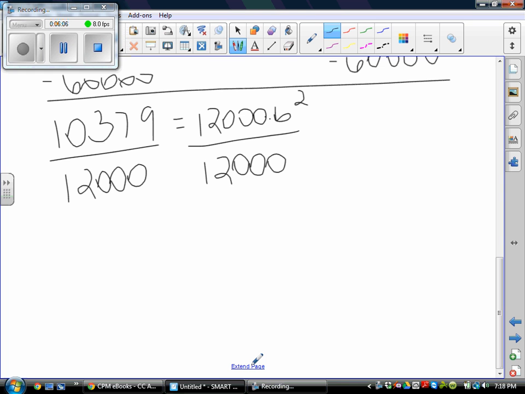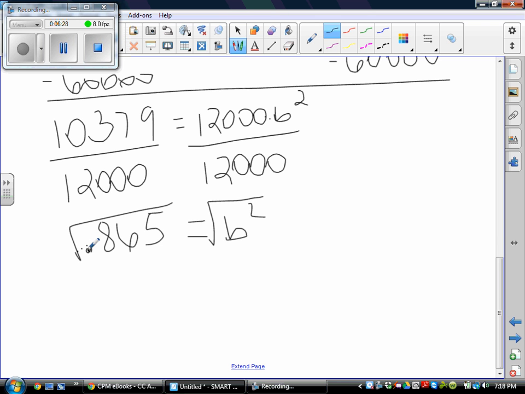So that will turn out to be about 0.865. We can round it there to 3 decimal places. That equals b squared. Now to undo the squaring, I'm going to take the square root of both sides.